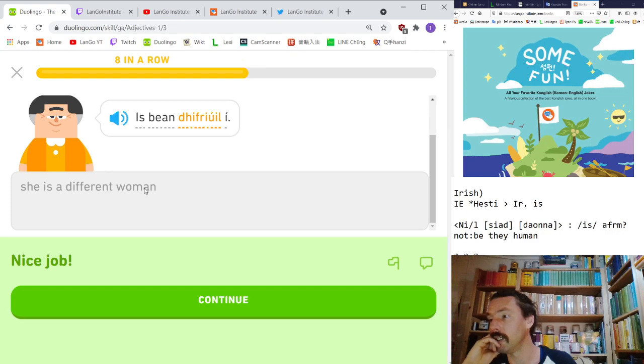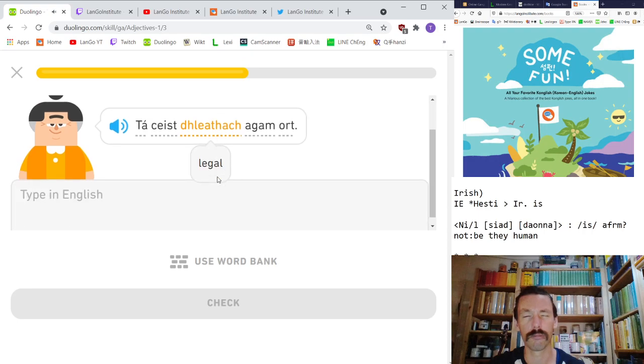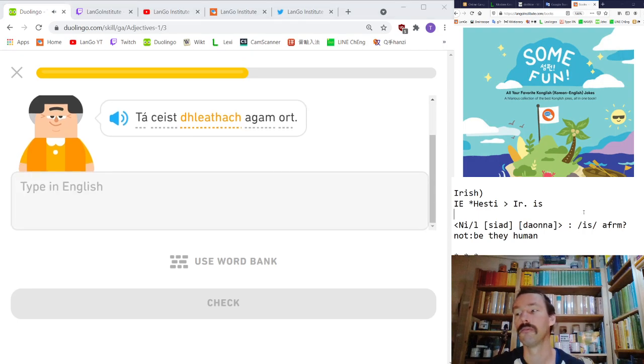Ta, and is ni. So we can use the fact of two letters long to connect is with ni. Ni, negative of ta. Tá ceist léachaigh agam. So it would be to be human with ta. Already running into trouble.